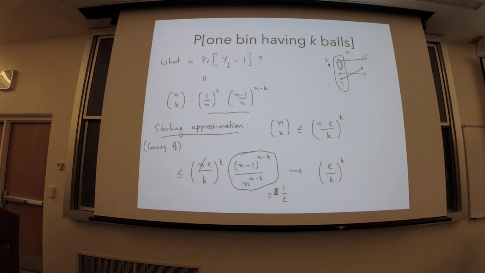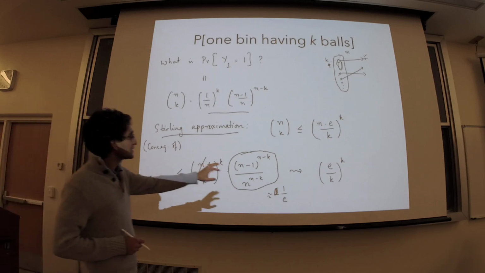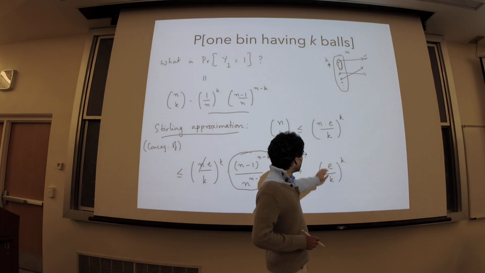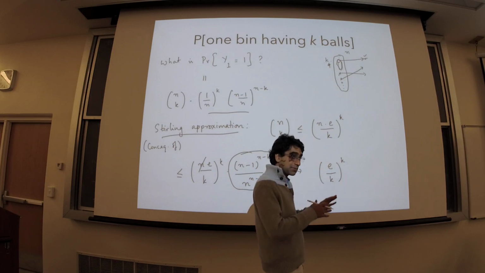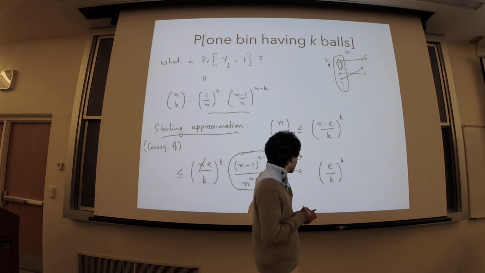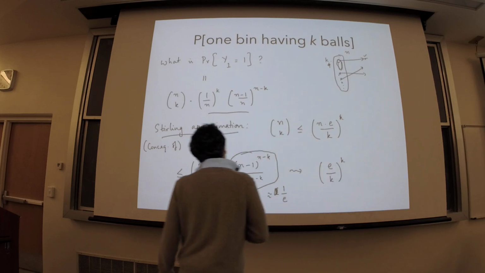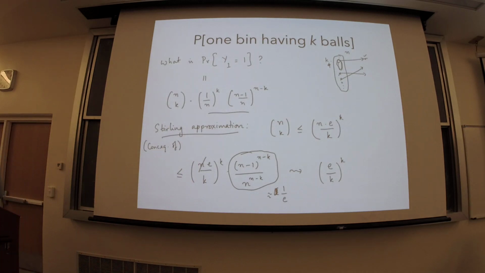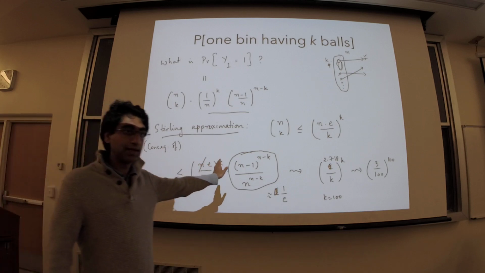Now, what is the point that I'm trying to make? This quantity reduces exponentially, or something even faster than exponential, as k grows. Imagine k equals 100. e is some fixed quantity, about 2.718. So this is something like (3 by 100) to the power of 100, which is an extremely tiny quantity.